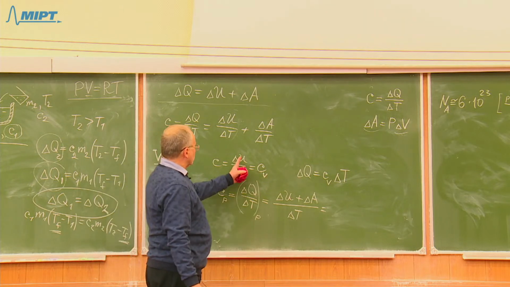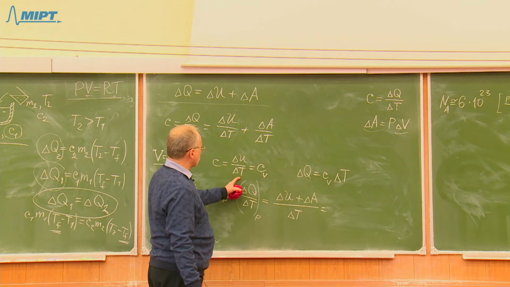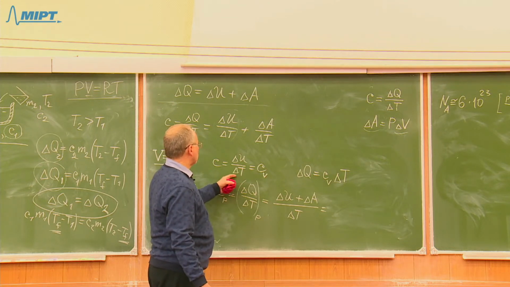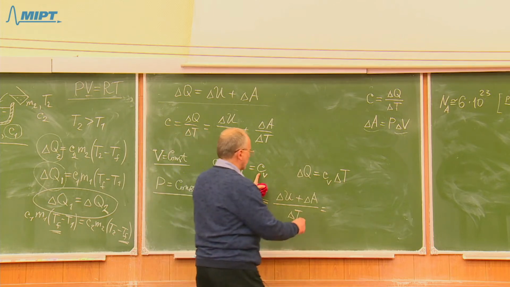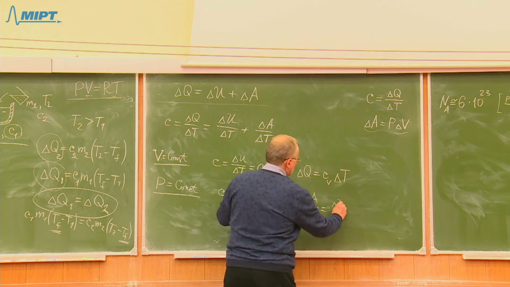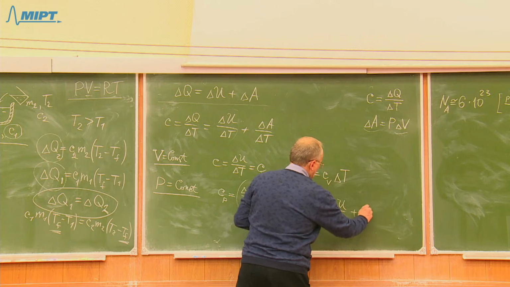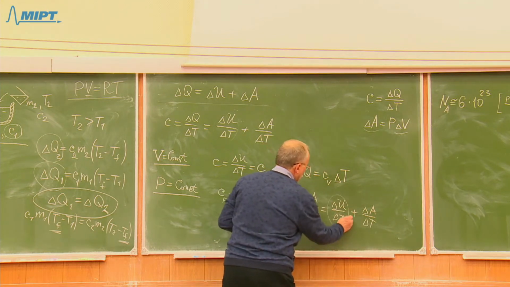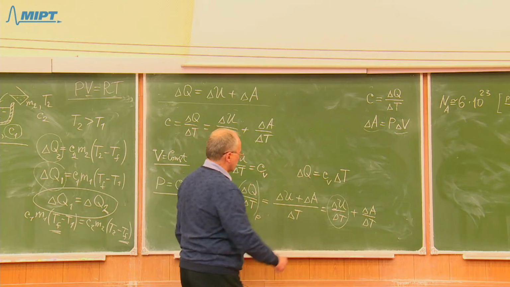What is delta U divided by delta T if internal energy changes when temperature changes by a small amount of delta T? This coefficient is denoted by CV. So the first coefficient here, delta U divided by delta T, is already known to us. This first coefficient is CV.